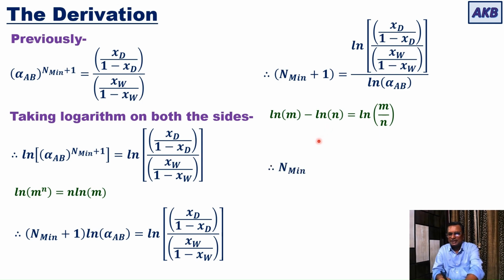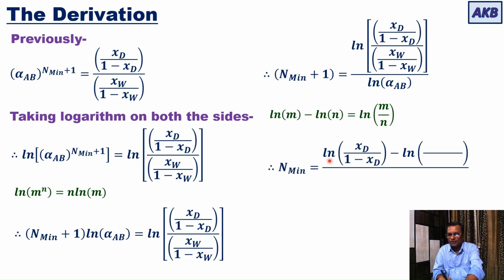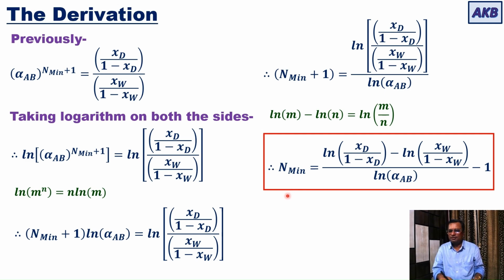So if I use it, I'll get this equation: n minimum is equal to ln of xd upon 1 minus xd minus ln of xw upon 1 minus xw, divided by ln of alpha AB, and this plus 1, when it comes on this side, will be minus 1. So ultimately I'm getting this equation, which can give me the minimum number of stages in a typical tray column, and that equation is nothing but the Fenske equation.